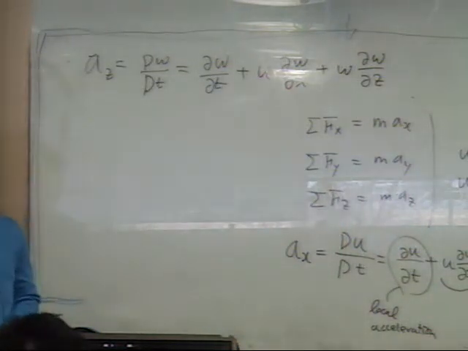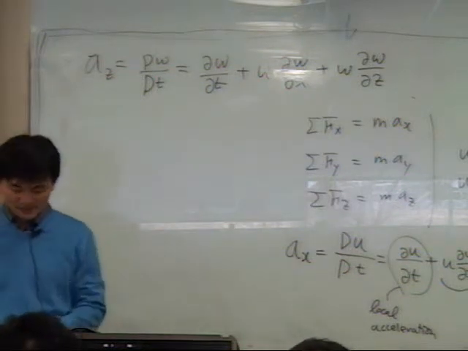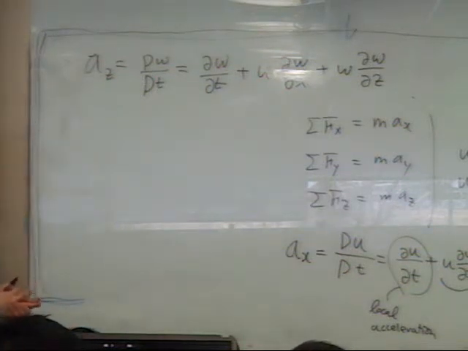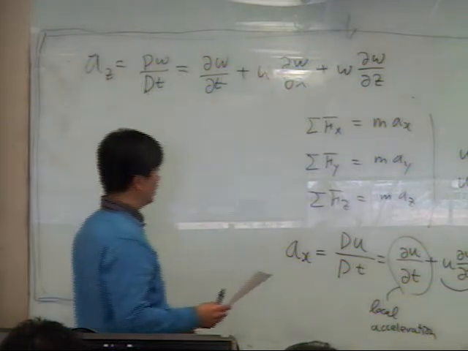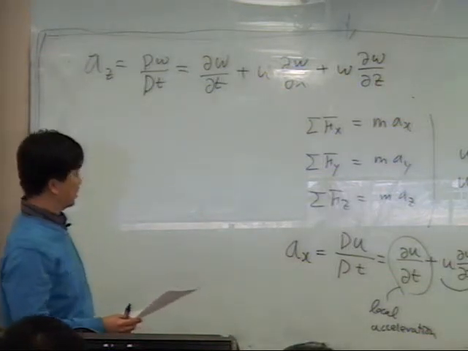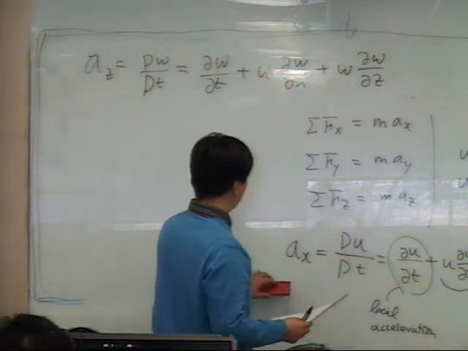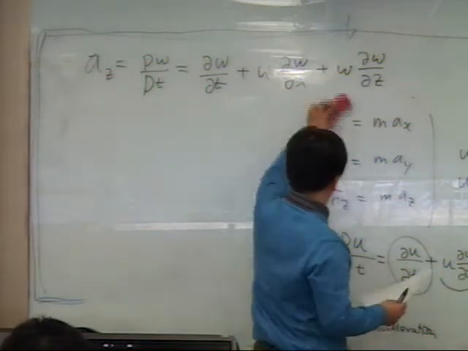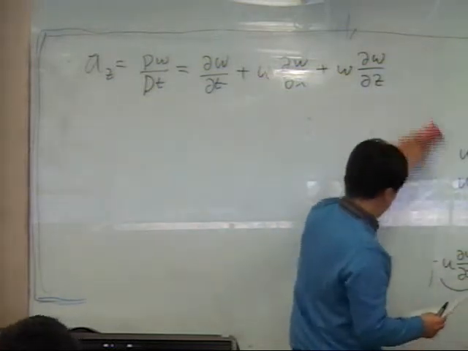Actually, in my notes I derived all the equations in 3D, but for you I am rewriting the 2D equations. Okay? So this is the acceleration. Then let me derive the equation of motion. It's not that hard to derive.